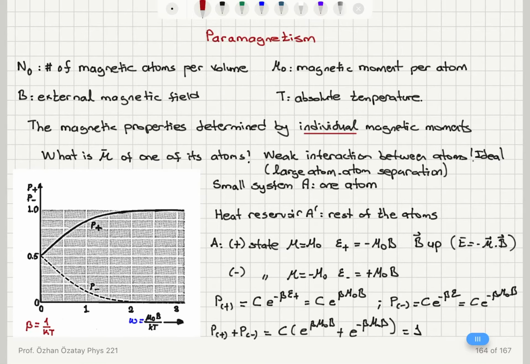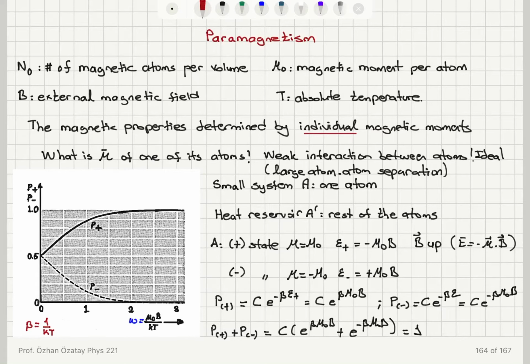Remember, we're talking about a small system in contact with a thermal reservoir which obeys the canonical distribution. If you have n0 number of magnetic moments per volume with magnetic moment per atom mu 0, B is external magnetic field, T is absolute temperature, and we are neglecting interactions between moments. So the only interaction between moments is thermal interaction.